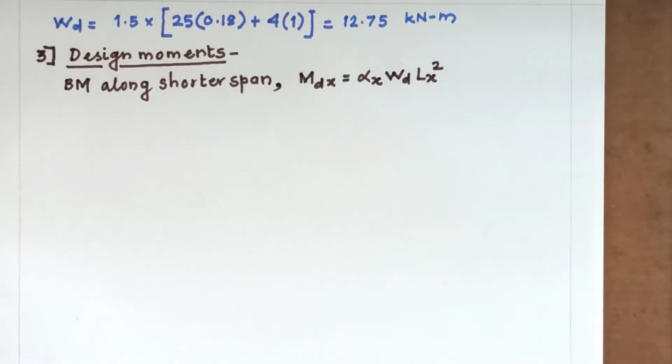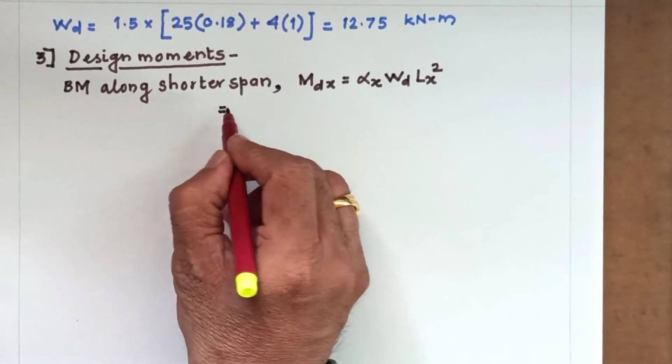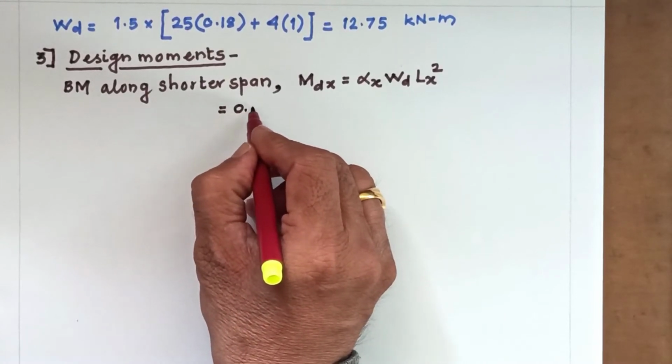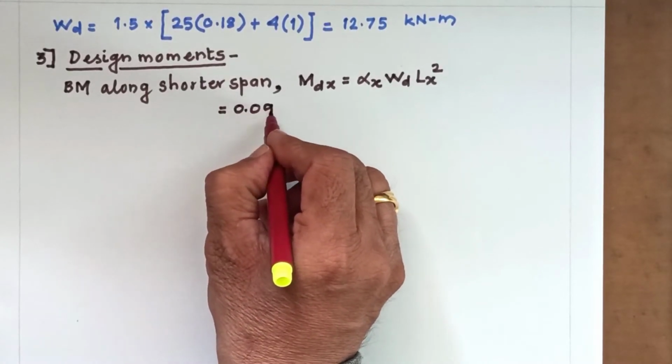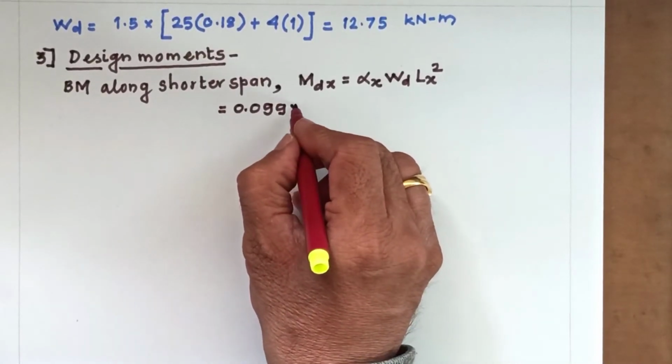Okay. We are given the values of alpha x. Alpha x is given as 0.099 into WD.